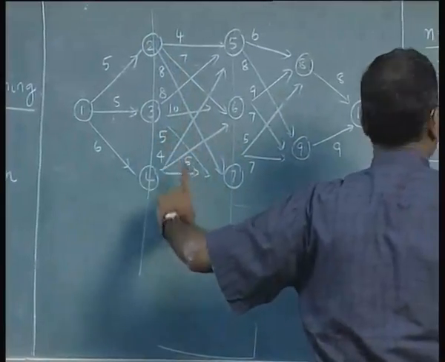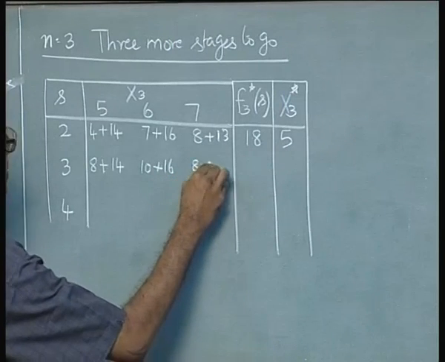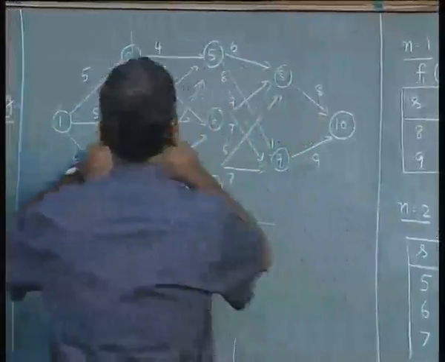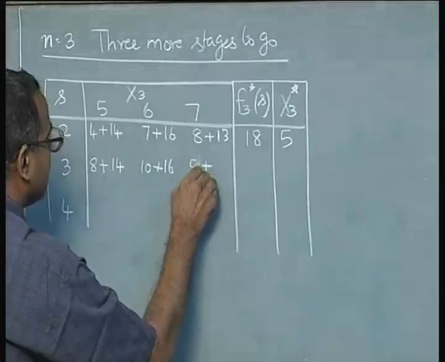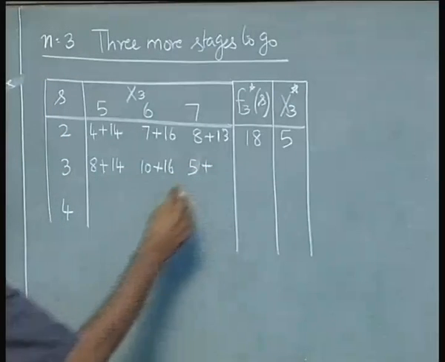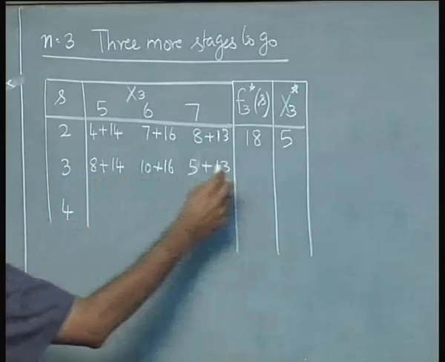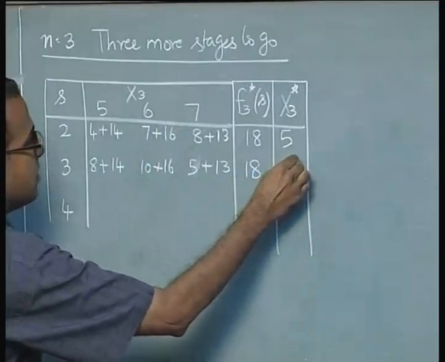And 3 to 7 is, I am sorry, 3 to 7 is 5, so I have a 5 here, and 7 to destination is 13. So this is 22, 26 and 18, and the minimum is 18 and the best decision is to go to 7.